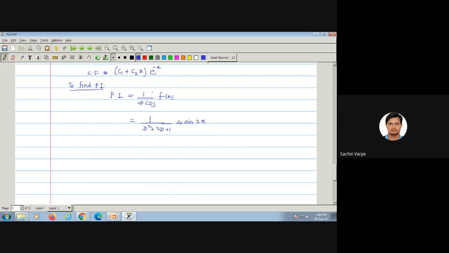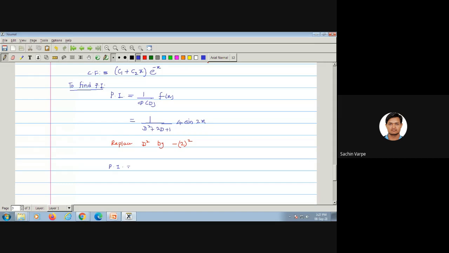So here the case says replace D square by minus a square. What is a here? a is 2. So replace D square by minus 2 square.